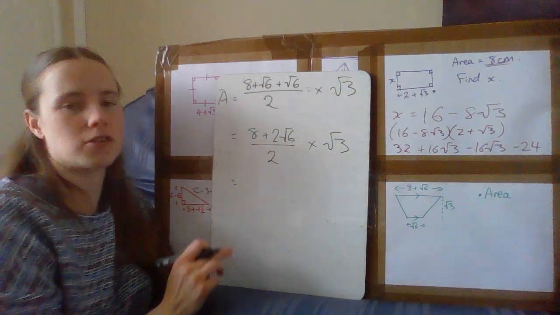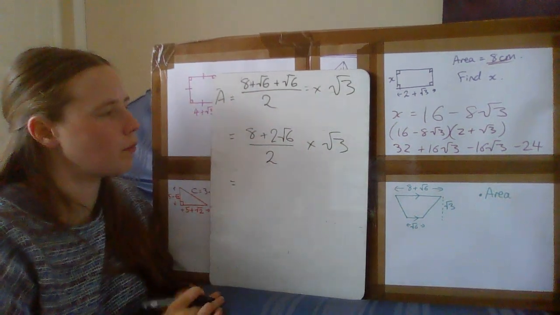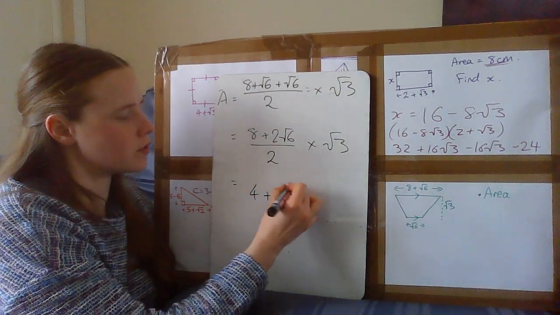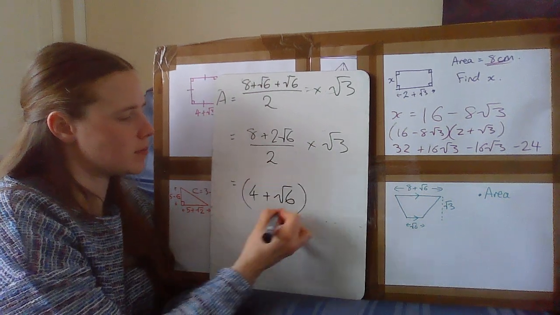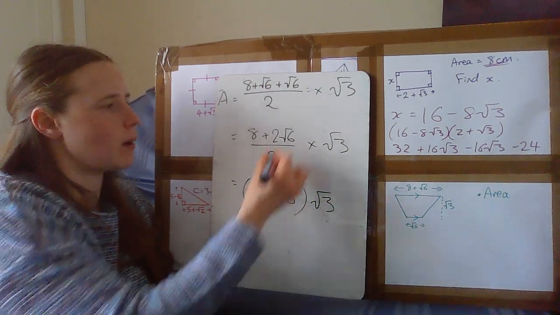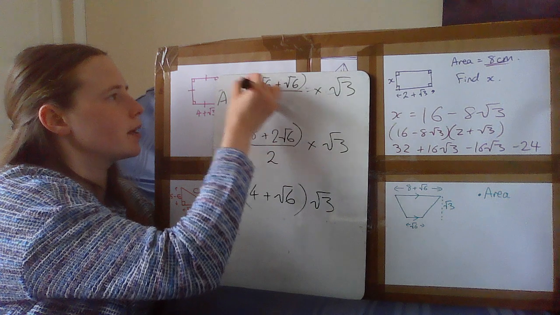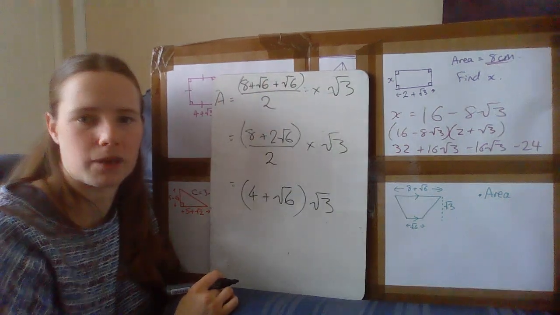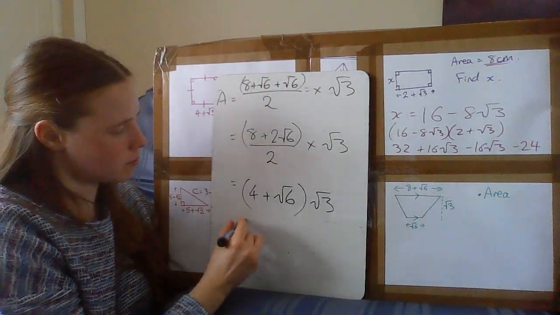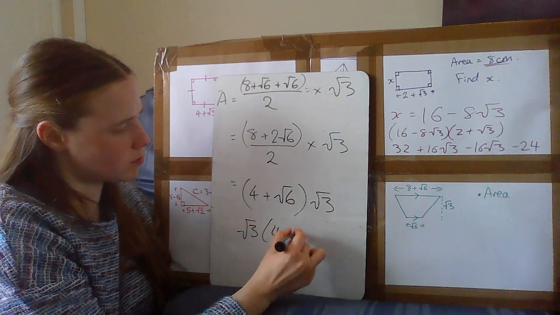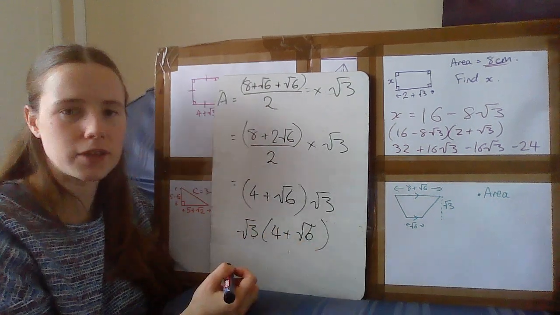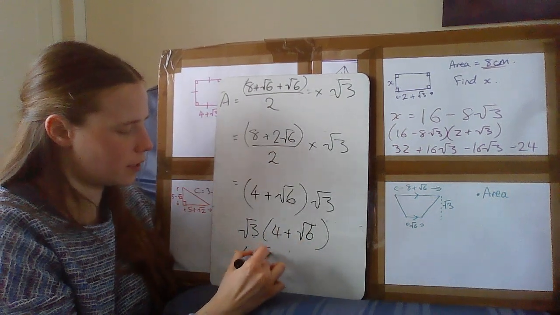So 8 plus 2 root 6, if I had half of that, I would have 4 plus 1 root 6. And I need to times that by root 3. I'm putting my brackets in. You can put them in from the very beginning if you want to, just to make sure you don't miss them. Okay, so I'm doing root 3 times 4 plus root 6. Root 3 times 4 is 4 root 3.